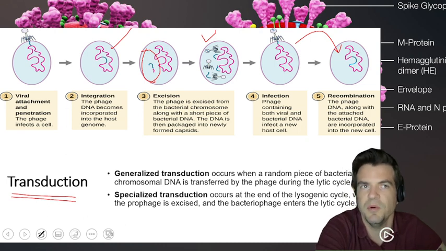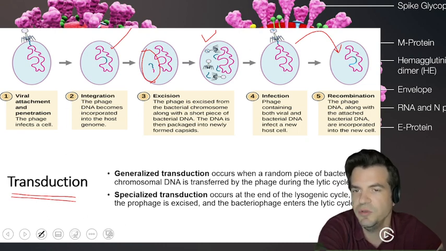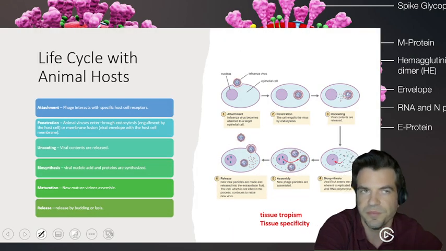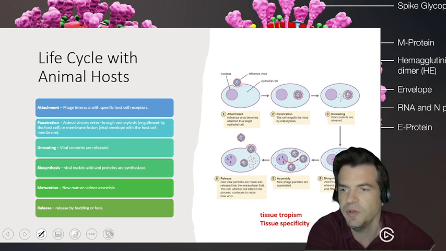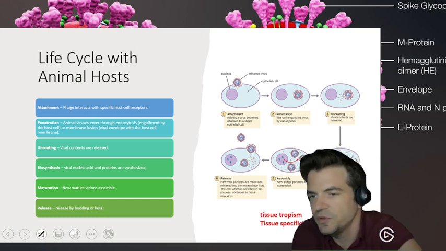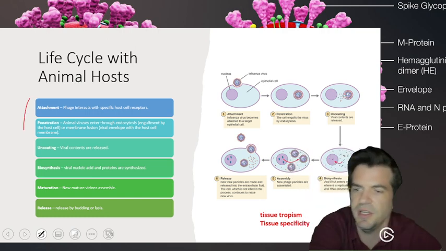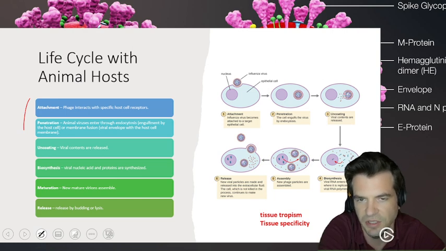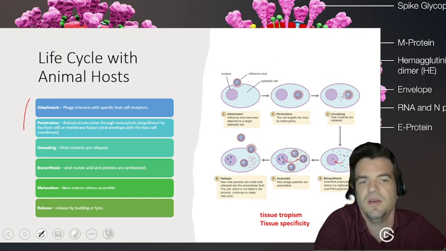Alright, now we'll move on to animal hosts with viruses. I keep telling you that it is pretty much the same first two steps in the beginning, attachment and penetration. We need to get on a cell and stay on there, and then we need to get inside a cell, and the cell needs to be our host. Right?